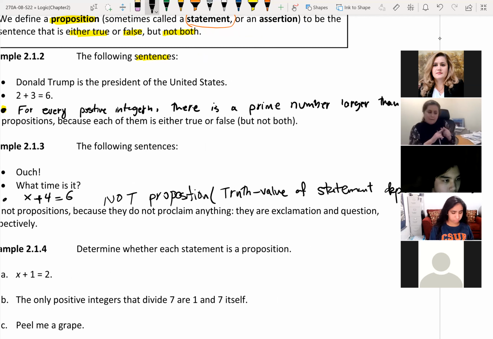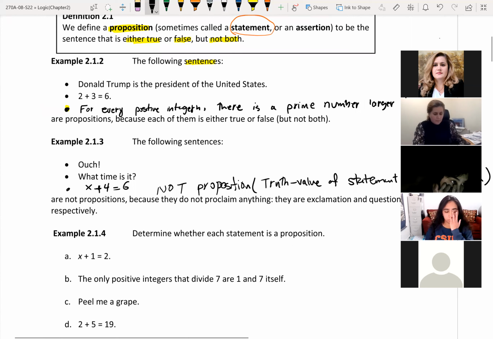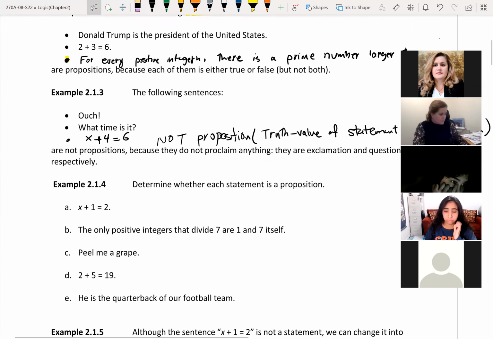If x is 2 it's true, if x is something else it's false. So that's a statement which is true and false at the same time. Whichever is true and false at the same time can't be a proposition. A proposition is one where right away you can decide this is true or false. Okay? Make sense? Can we practice this?